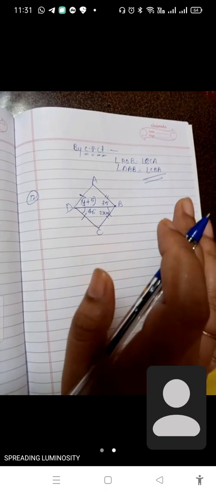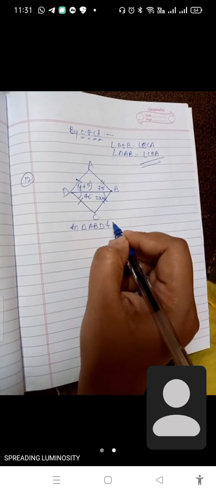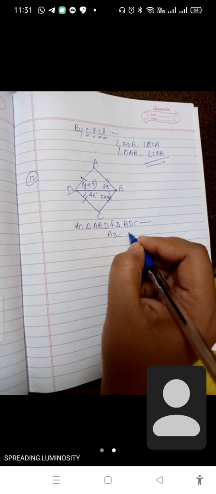You cannot write the angles equal directly. First you take triangle ABD and triangle BDC. AD is equal to CD. Reason, given. AB is equal to BC. Reason, given. And when we see these two triangles, we can see that this part is common in both the triangles.